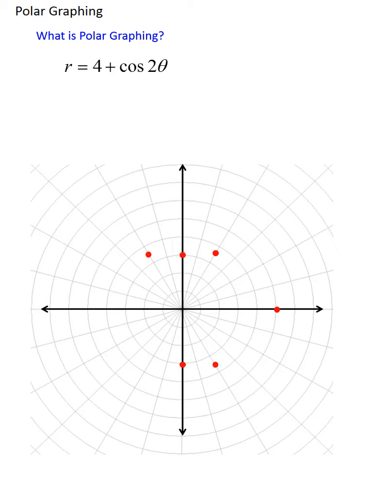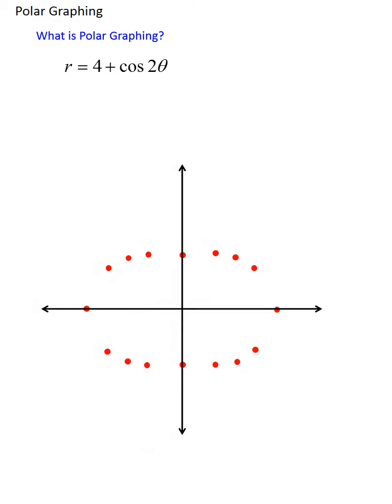And what if I were to continue this process with different values of theta, finding different values of r, until I had some general idea of where this graph was? What I could do at that point is simply connect up all the points, and then I would have a general shape of my polar coordinate graph.